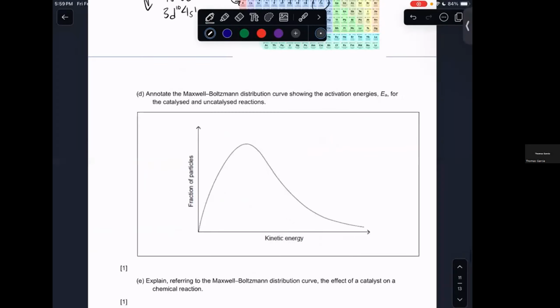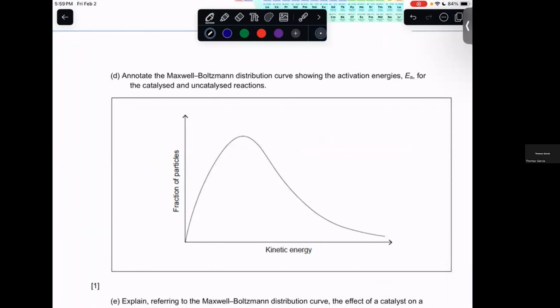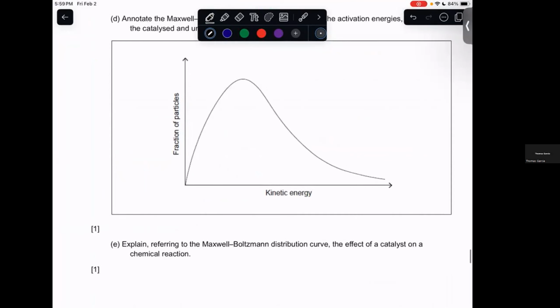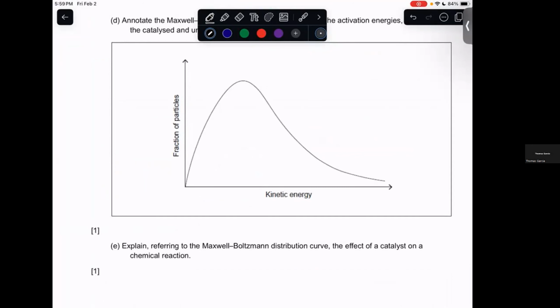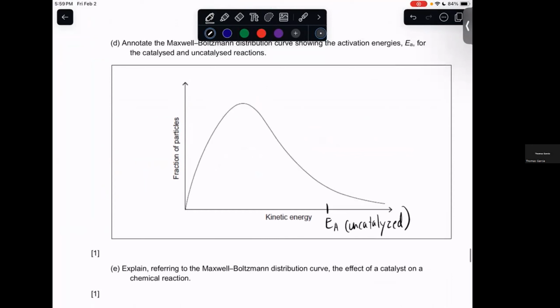All right. Annotate the Maxwell-Boltzmann distribution curve showing the activation energies for the catalyzed and uncatalyzed reactions. Well, you just kind of put it somewhere. We'll say EA uncatalyzed. Sorry for my Z's, but I'm American. You could then see that when we have a catalyzed reaction, a catalyst lowers the activation energy.